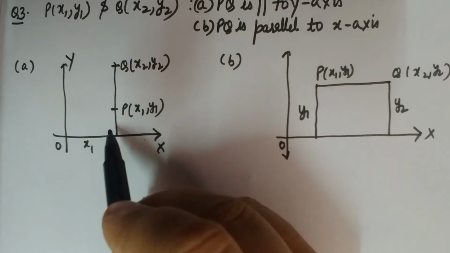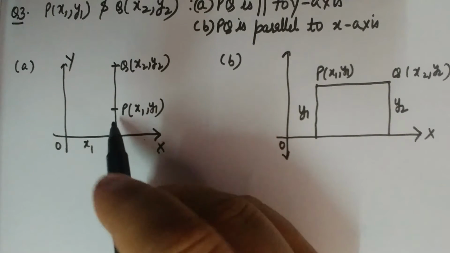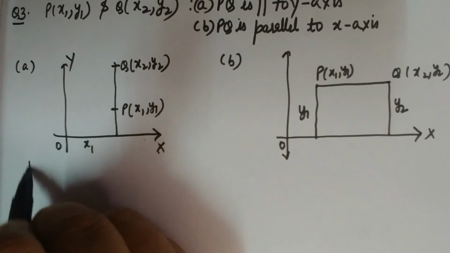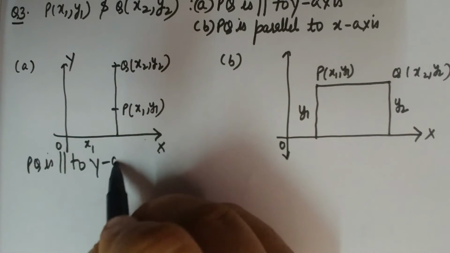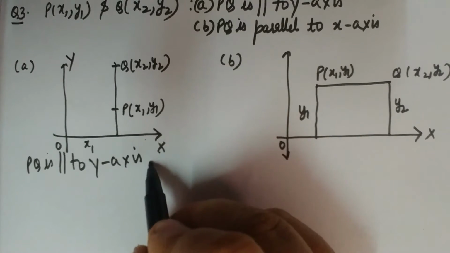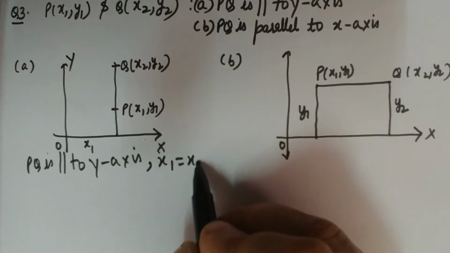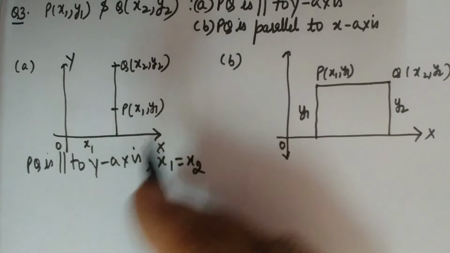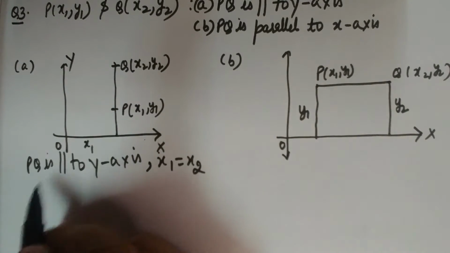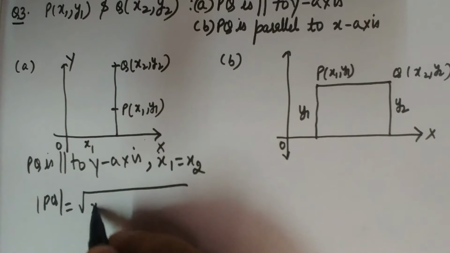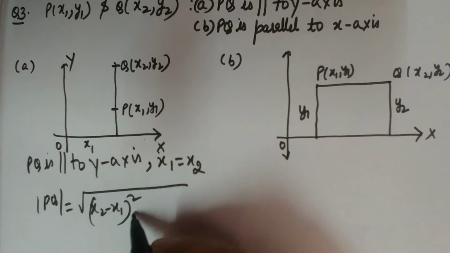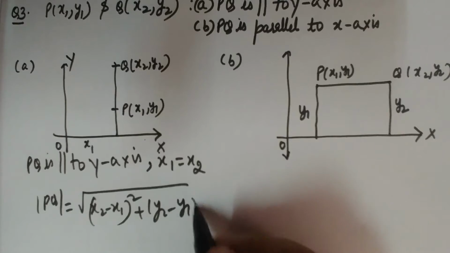Now when PQ is parallel to y-axis, what do you see? I find that my x1 is equal to x2. Now, using distance formula, distance PQ is the square root of x2 minus x1 whole square plus y2 minus y1 whole square.